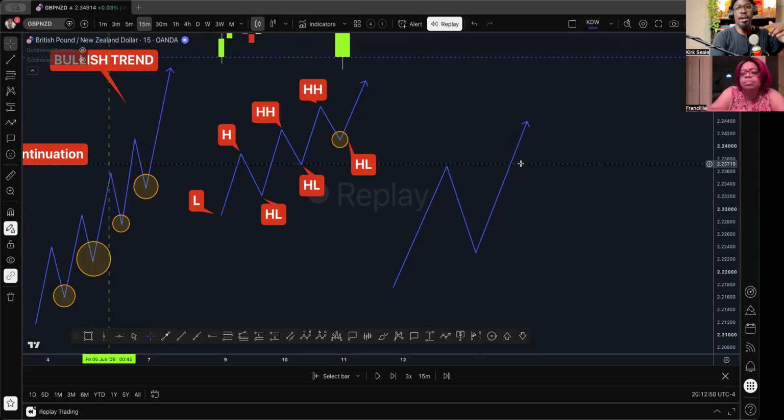We know that it's going up when it starts to give us higher highs and higher lows at C. All right. So no one is confused. Everyone understands.